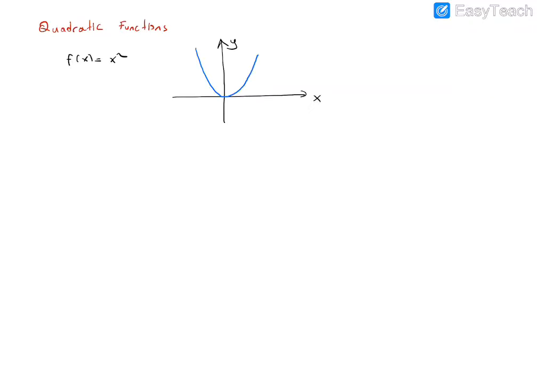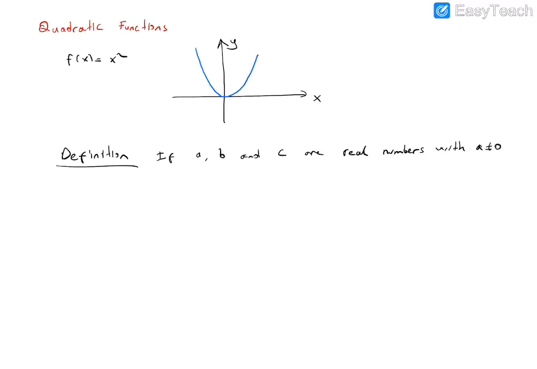In general, we can define the quadratic function in the following form. Definition. If a, b, and c are real numbers with a different than 0, you will see why a is different than 0.